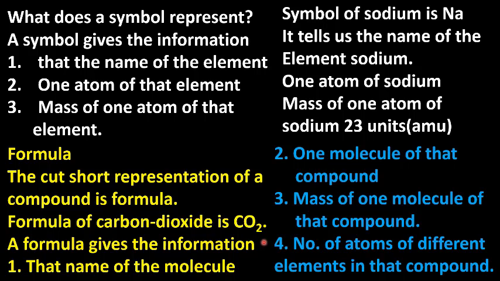And apart from this, formula indicates the number of atoms of different elements present in that compound. For example, 1 molecule of carbon dioxide shows that it has 1 carbon atom and 2 oxygen atoms.